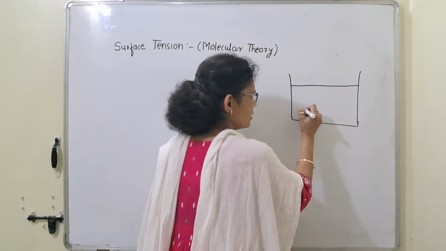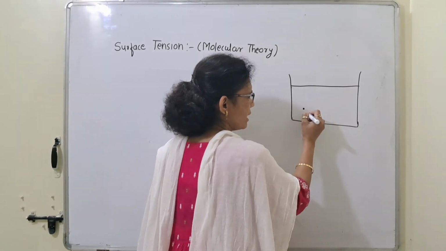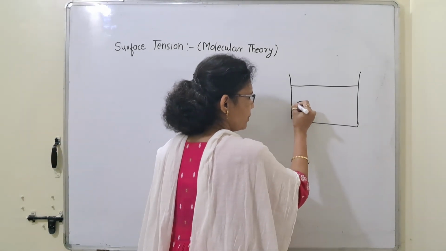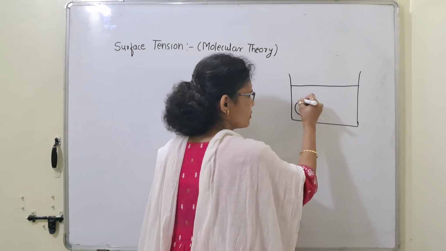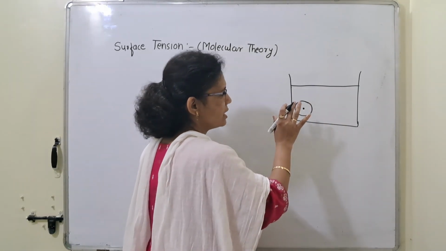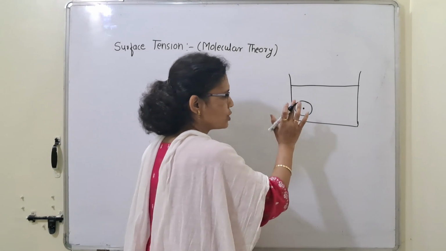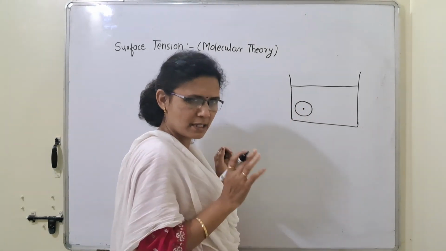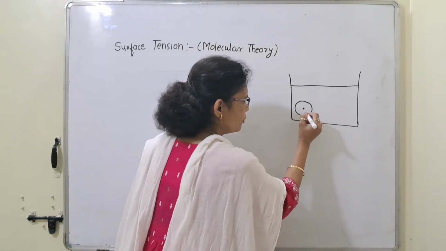So I will take one molecule as A, and the sphere of influence of this molecule is totally inside the liquid. Here the students make a mistake. See, I have considered molecule A.